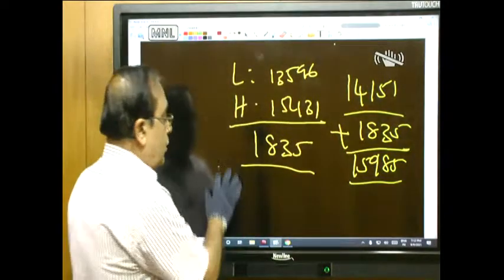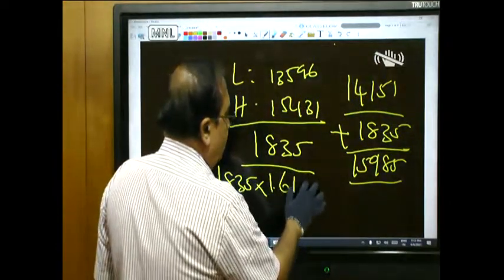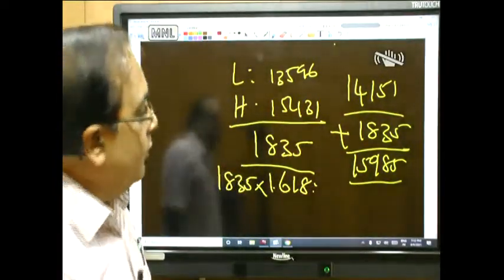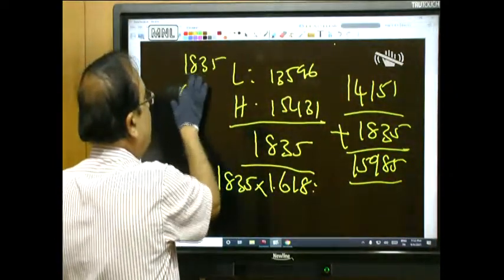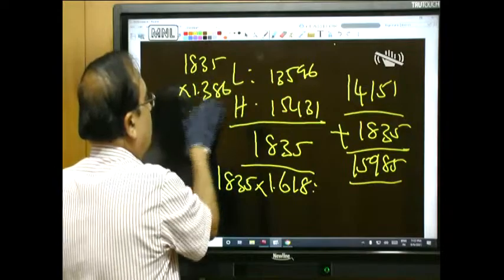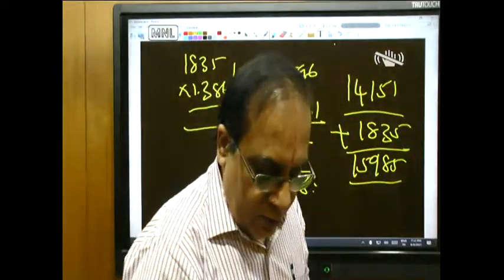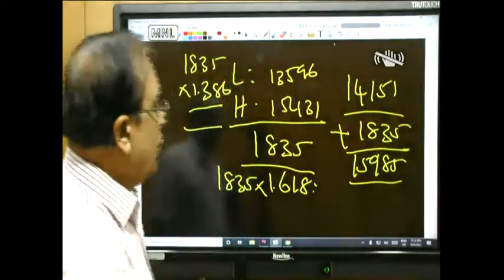Then 1,835 into, let us say, 1.618, because the rally has been there. I'm just missing the 1.382. So if you do that, 1,835 into 1.386, this is the next one, right? So 1,835 into 1.386 is 2,543.